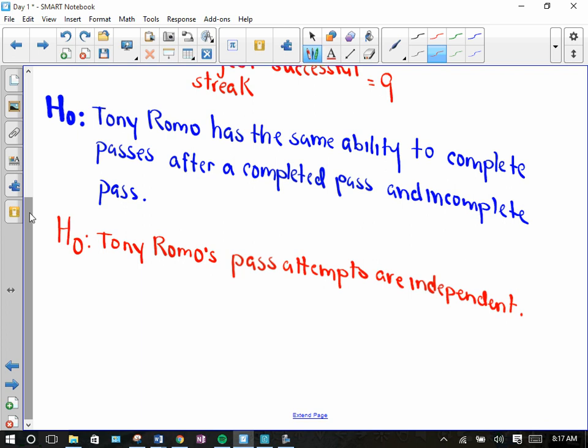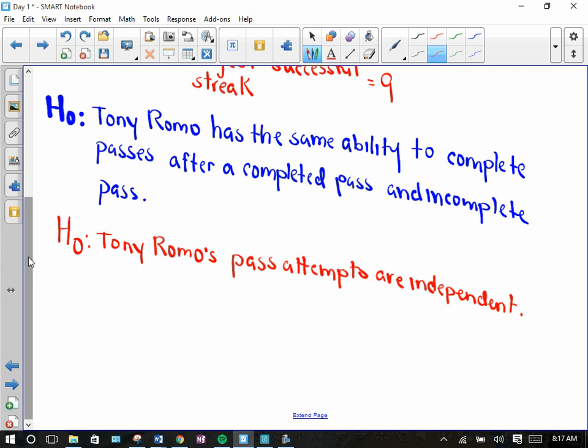What that is saying, because we know independent means that he has the same ability to complete a pass following a completed pass and following an incomplete pass. So Tony Romo's pass attempts are independent.